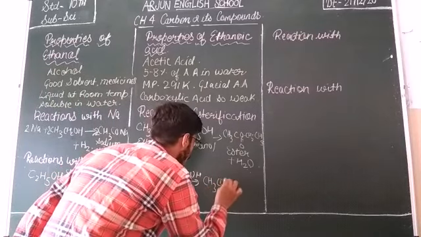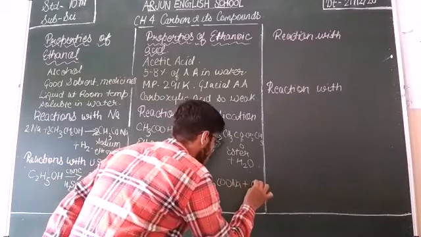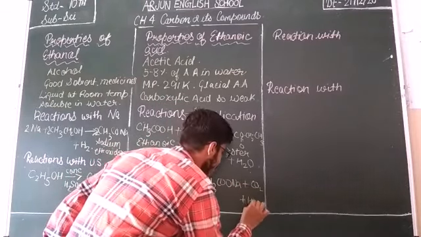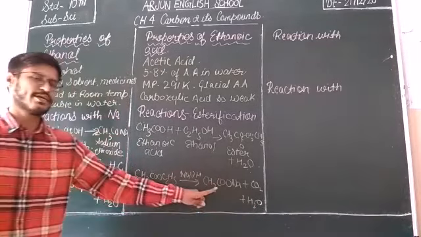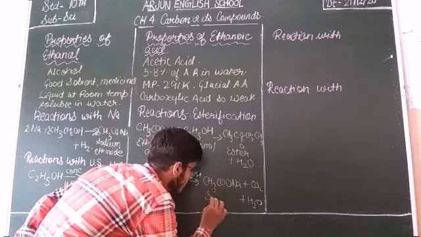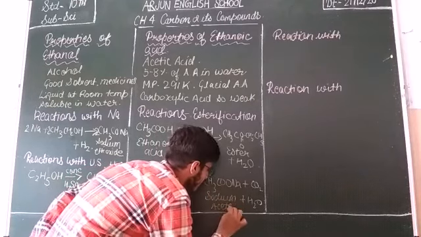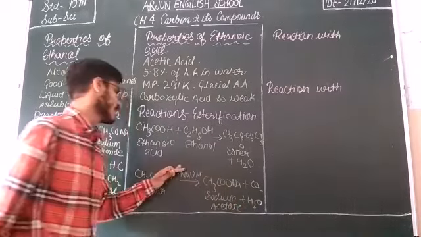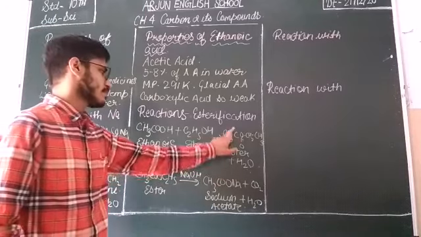We get CH3COONa plus C2H5OH. What is it that we got? It is sodium acetate.